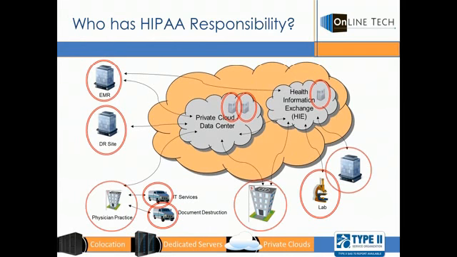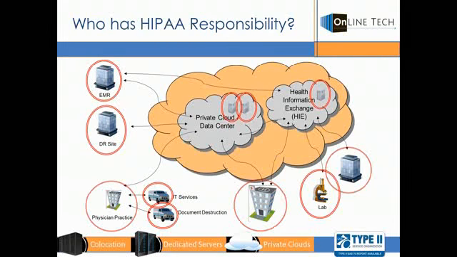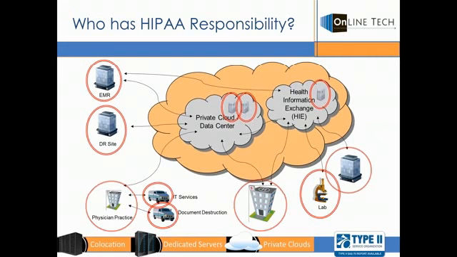One is going back to the definition of a covered entity. Ultimately, the covered entity is responsible for the protection of that information, and it's incumbent on that covered entity to do business with business associates who also realize and understand the protection of that information.